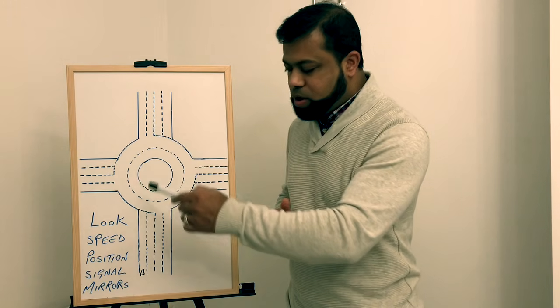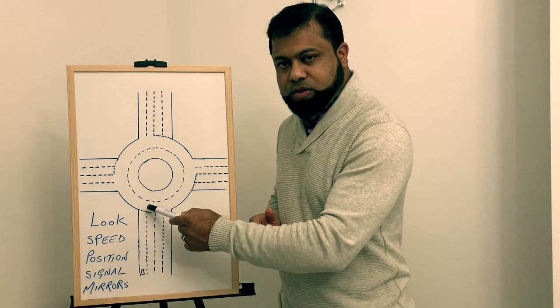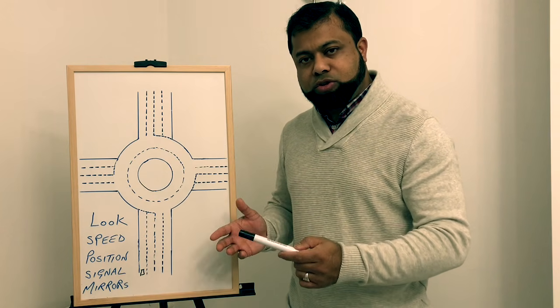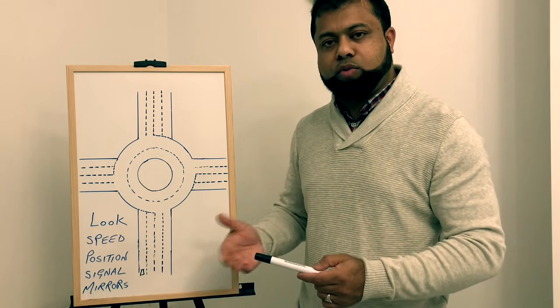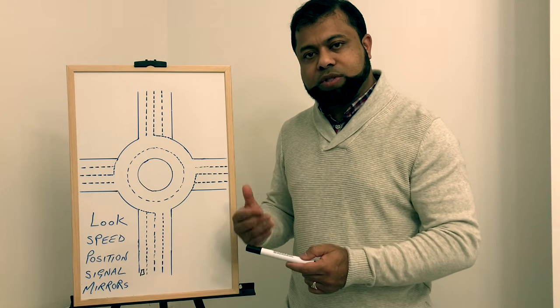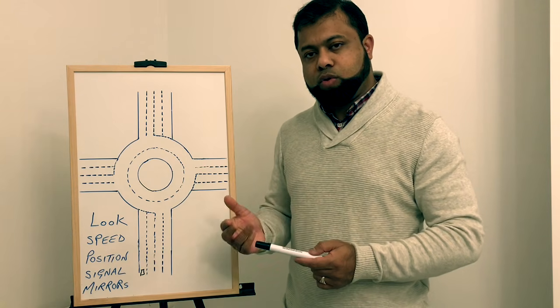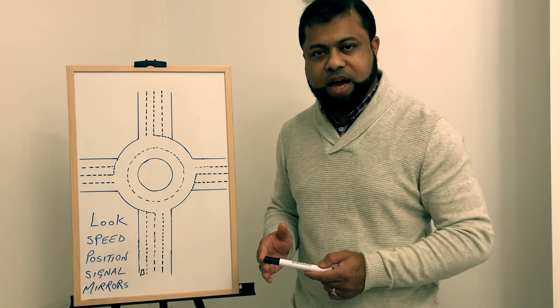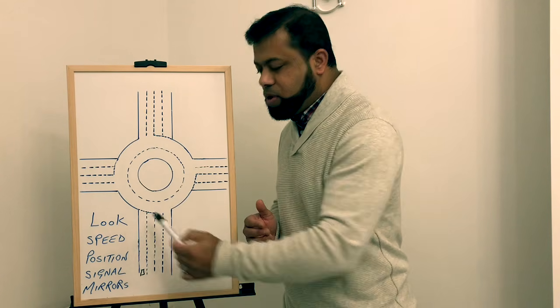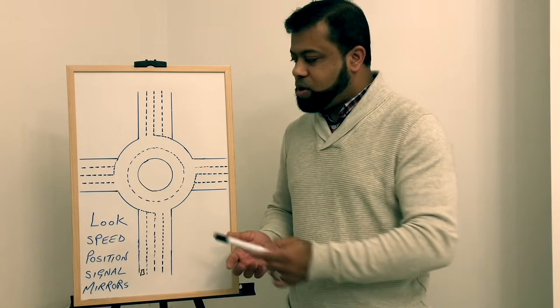If this was a clock, this would be 6 o'clock and this would be 12 o'clock. So your entry into the roundabout is always at 6 o'clock. And the exit that falls at 12 o'clock is always known as straight ahead. All the exits before 12 o'clock are known as left.